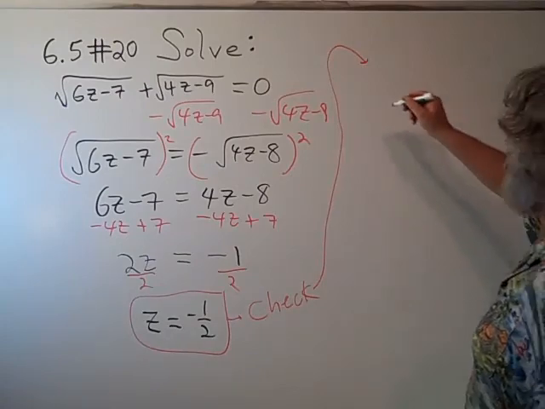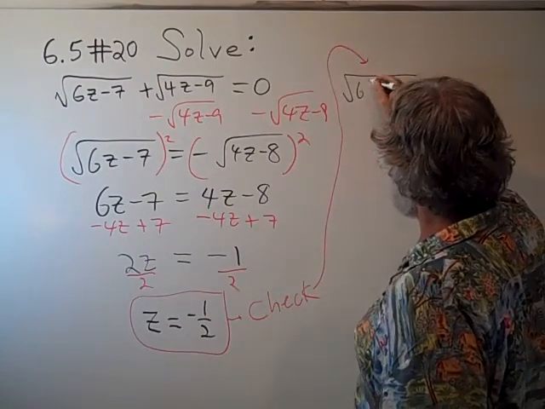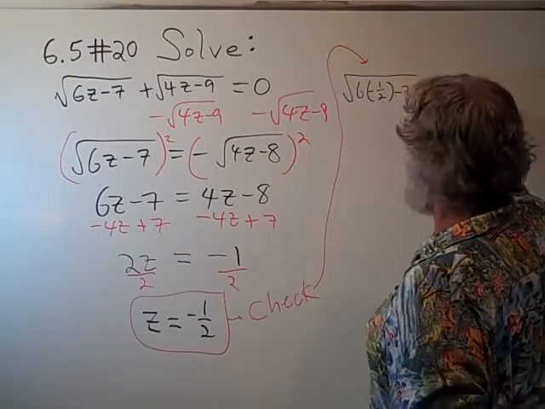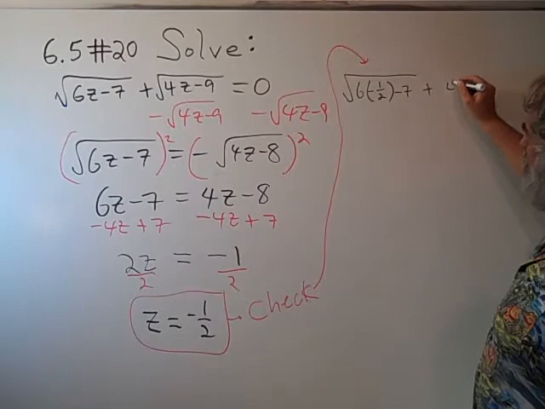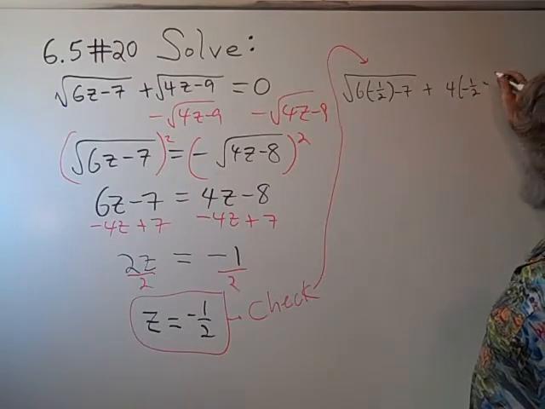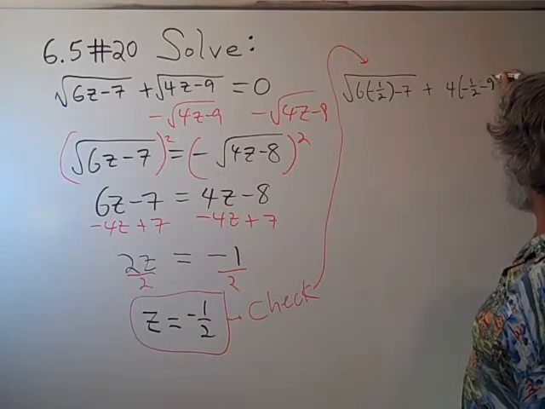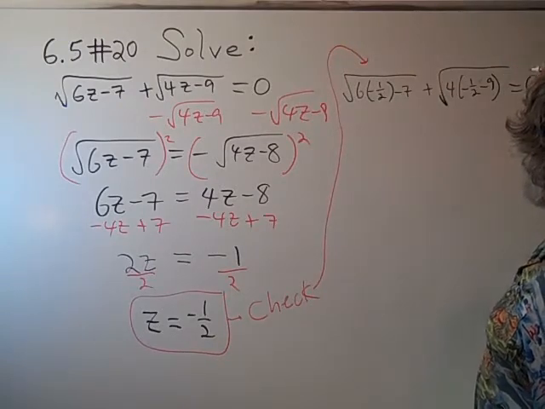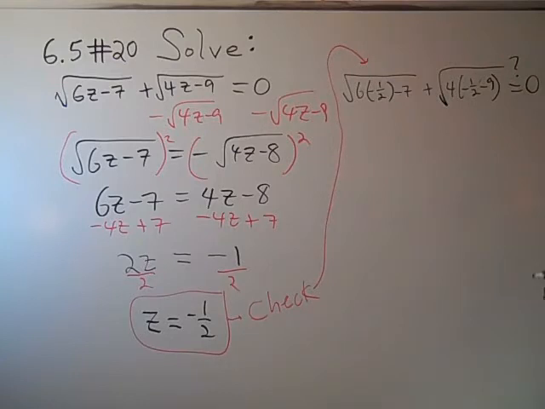So we wonder, in the original equation, 6 times z, but if z is negative 1/2, minus 7, plus 4 times negative 1/2 minus 9, does that really add up to 0? So let's see what this becomes.